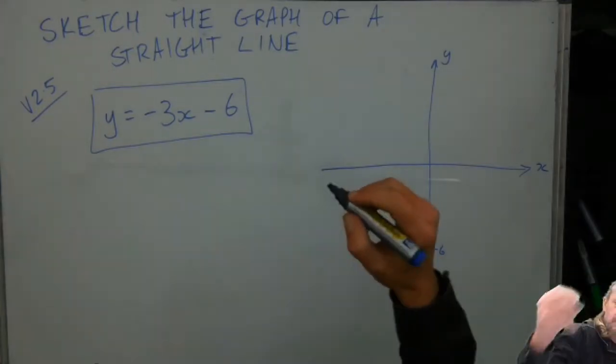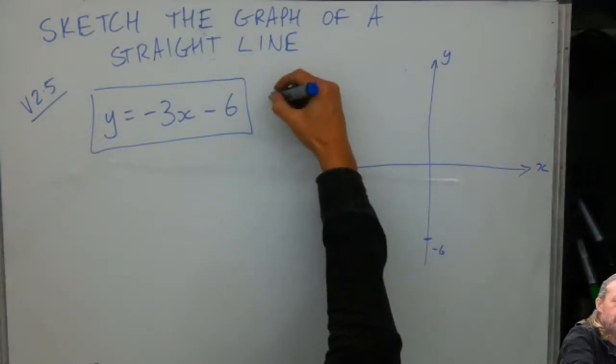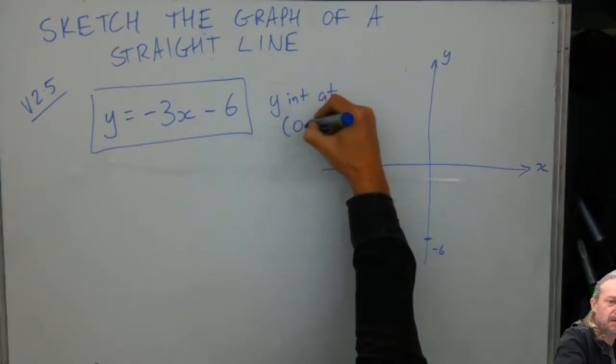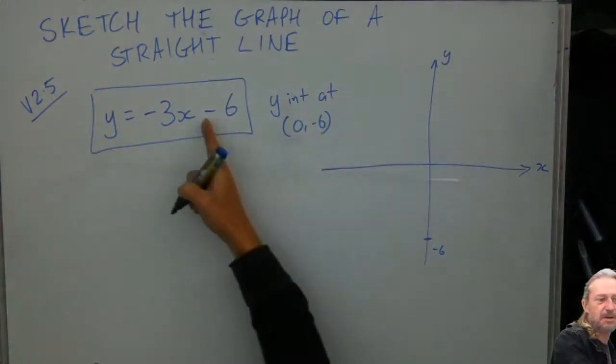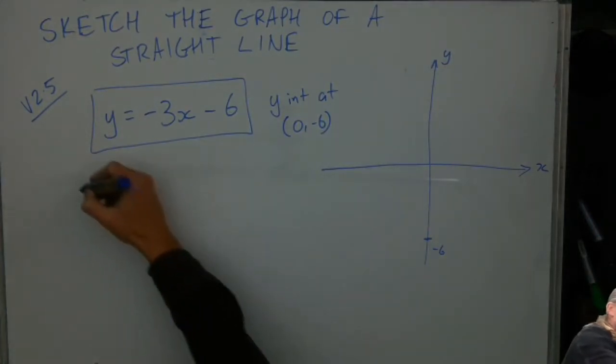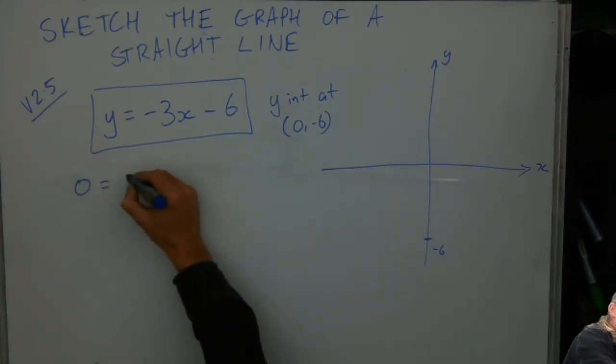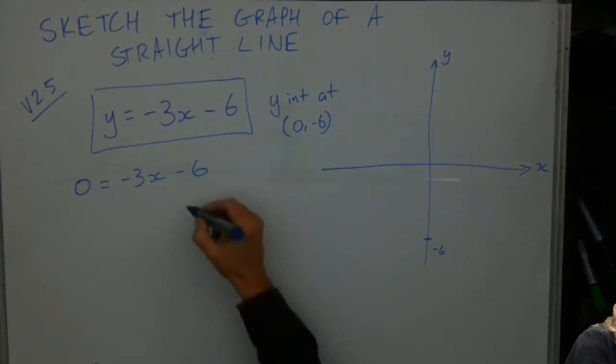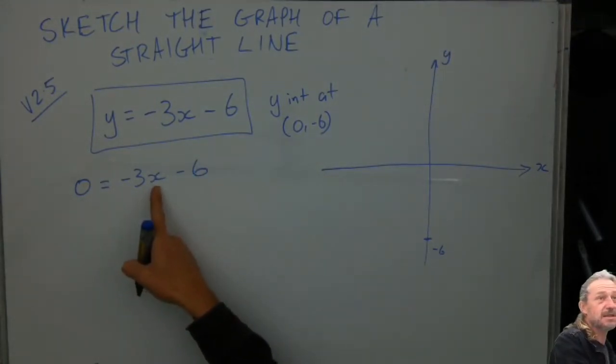So let's just write y-intercept at 0, -6, simply because of this. We let this equal 0, -3x, take 6, so we'll rearrange to make x the subject.